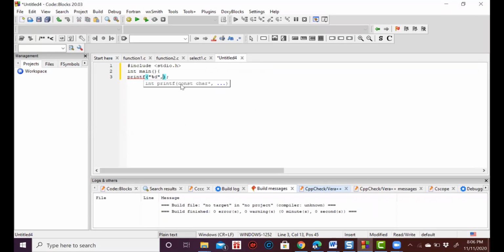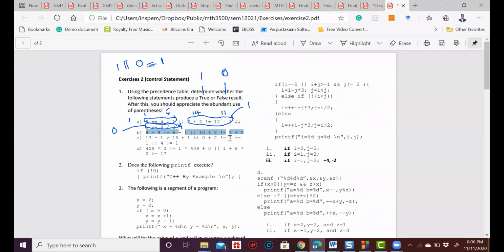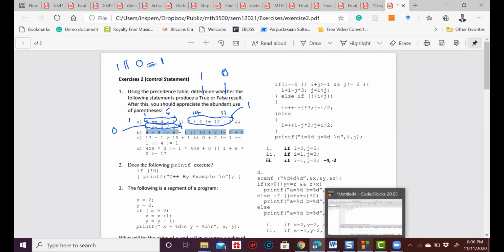Then you just copy, for example number 2 here. Copy this one, and then run.